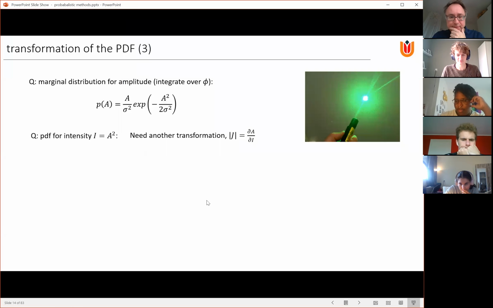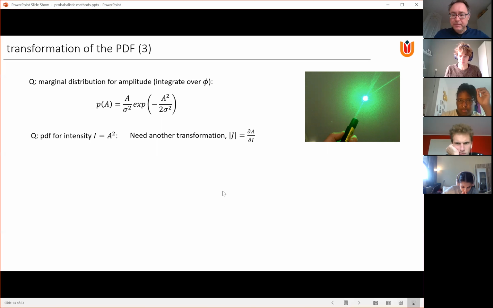Yeah, so I've posted my result. I think what I did is I computed the Jacobian, so the derivative of A over I, which was 1/2 I to the power minus 1/2. I plugged this into the equation for PA and substituted I for A squared.